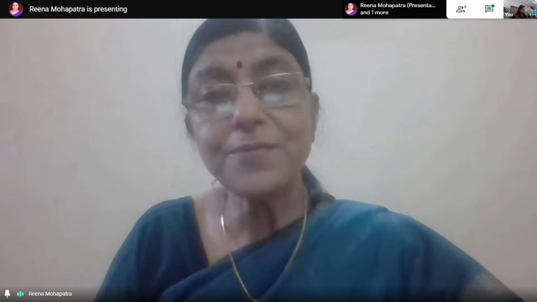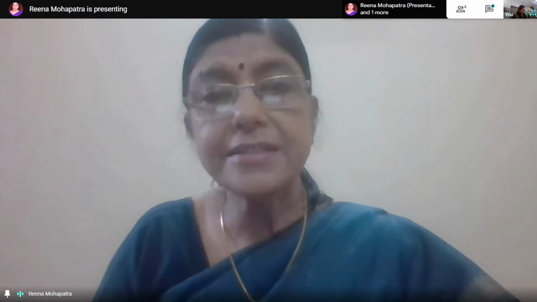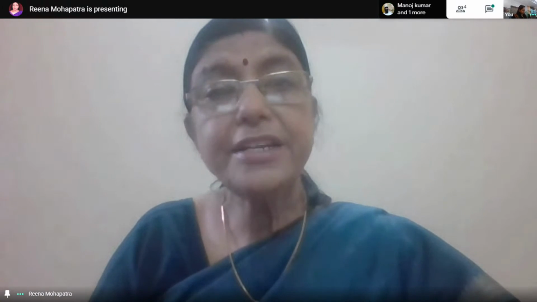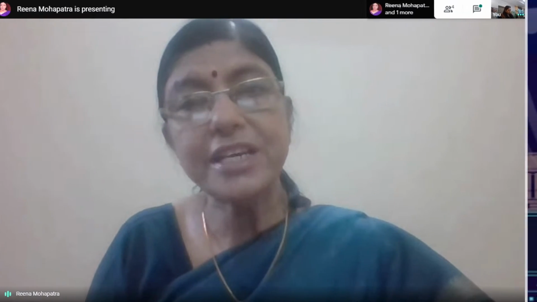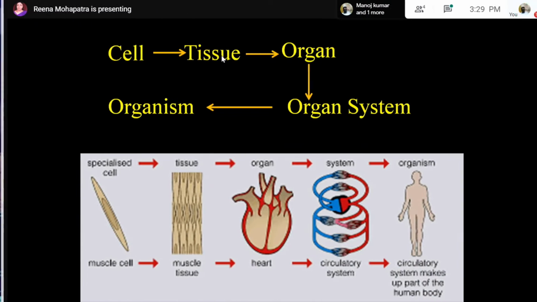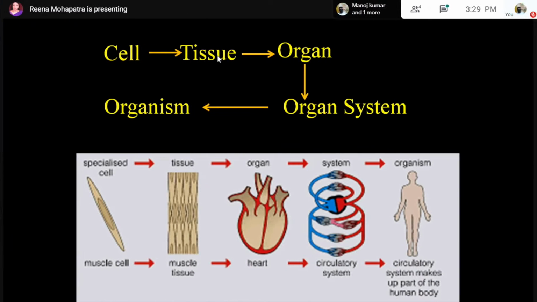This group of cells is called a tissue. A group of tissues together form an organ, a group of organs together form an organ system, and several organ systems together form an organism.